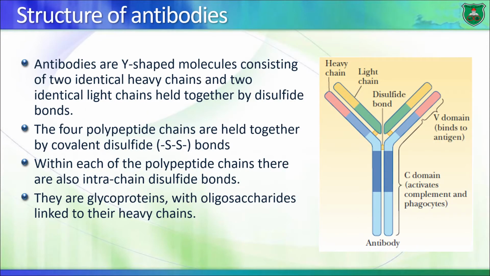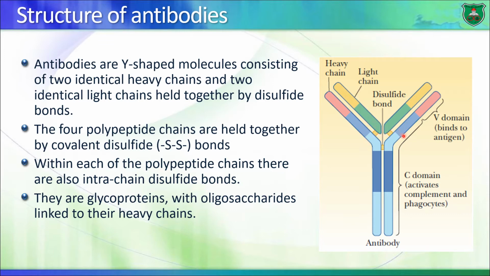Now let's talk about immunoglobulins. Immunoglobulins look like the letter Y. They are heterotetramers, so they're composed of 4 chains, and these 4 chains are different. We have 2 identical big chains and 2 other identical little chains.